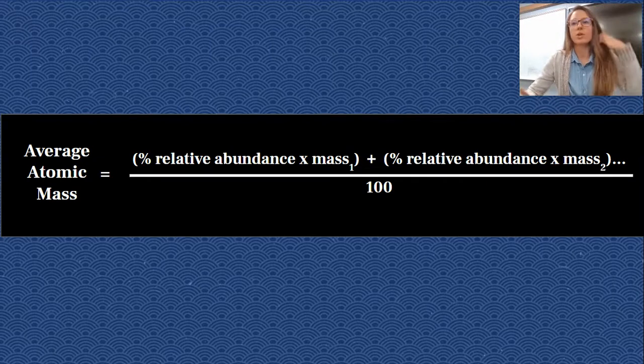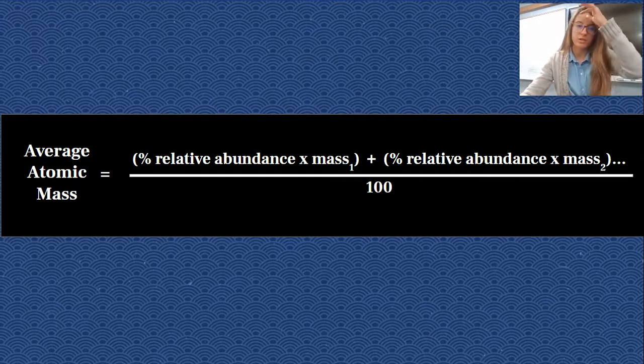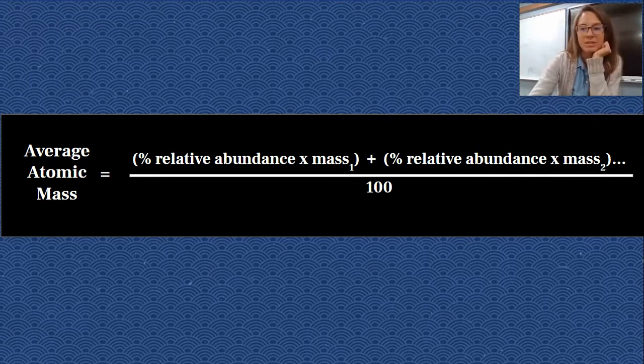Not every element only has 2 isotopes. So if there maybe are 3 or 4 isotopes for an element, you would have to go on and add the product of the percent abundance and the mass for isotope 3, and add the percent abundance times the mass of isotope 4 as well. And then you are going to divide all of that by 100 to find your average atomic mass.